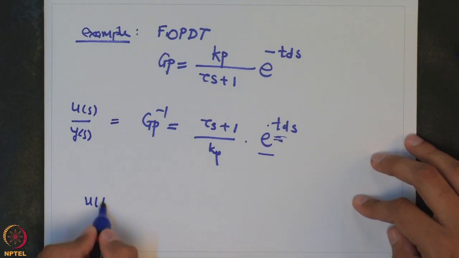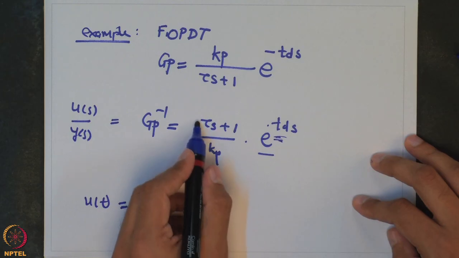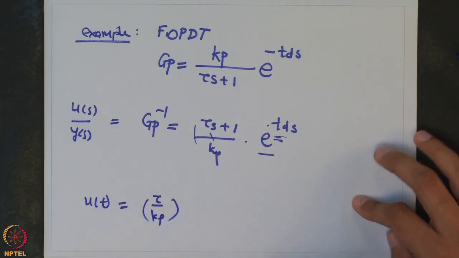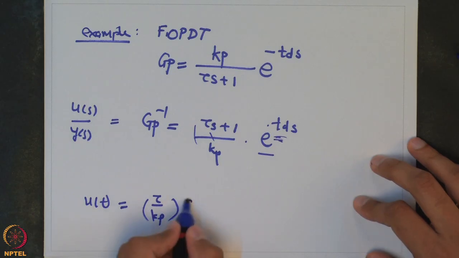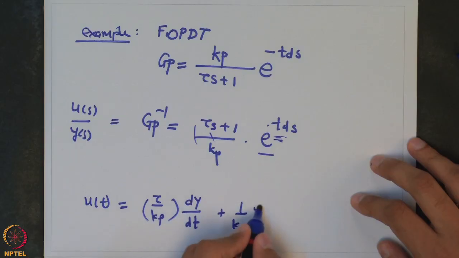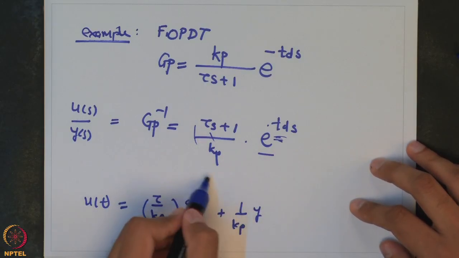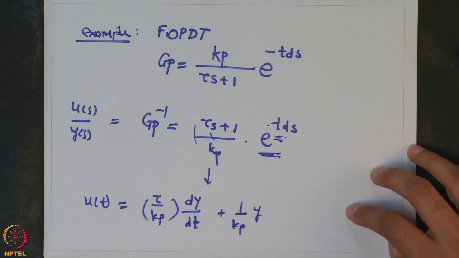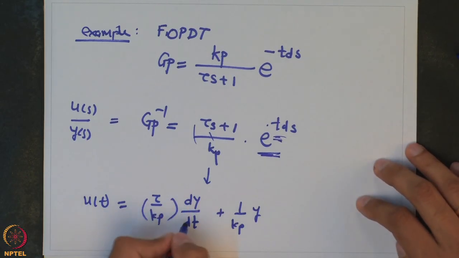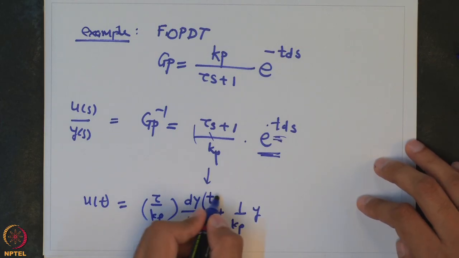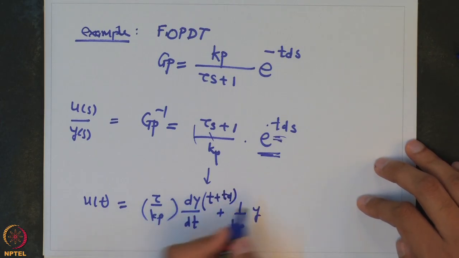So, what you are really going to get is tau over Kp, since s is generally the derivative, dy over dt plus 1 over Kp times y. So, this is the inverse of this particular piece, and then as you have e raised to power Td s, the values of y and the derivative I want are at t plus Td.